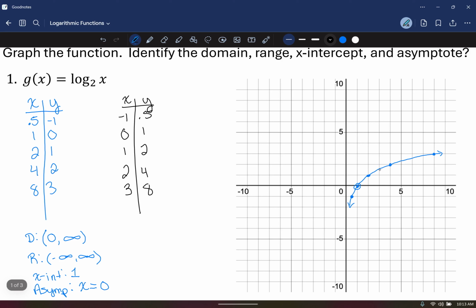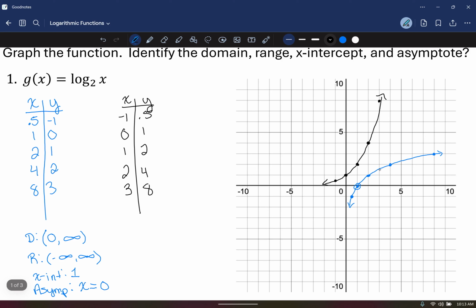If we graph those, we're going to go left 1, up a half, 0, 1, 1, 2, 2, 4, and 3, 8. If I draw that in, that is an exponential function.